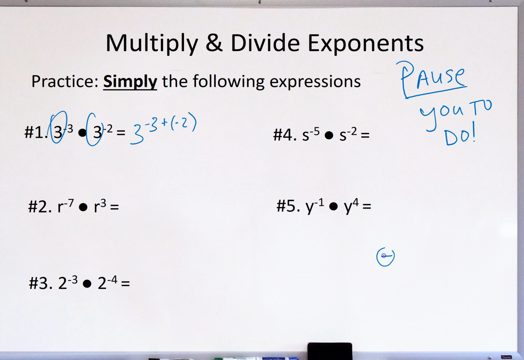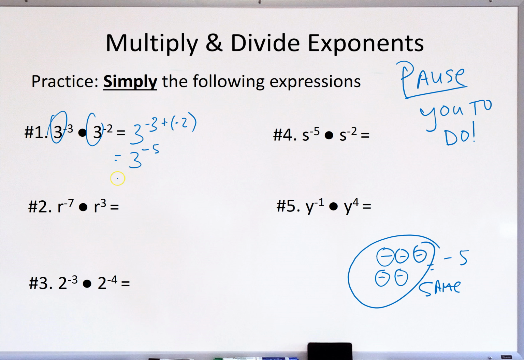If I have a negative 3 and a negative 2, they're all the same. So that equals a negative 5. So I have 3 to the power of negative 5, which will give me 1 divided by 3 to the 5th power. And we're going to figure out what that is.